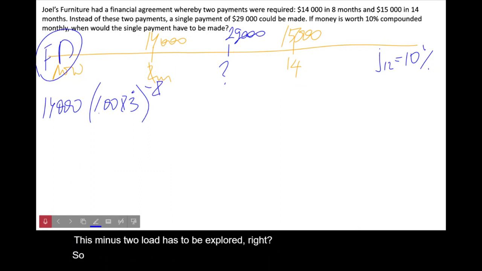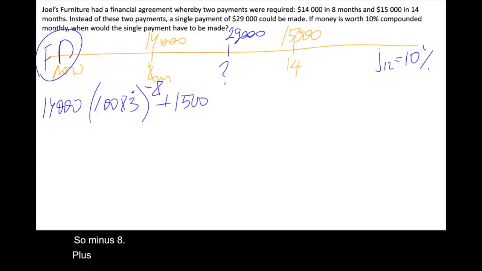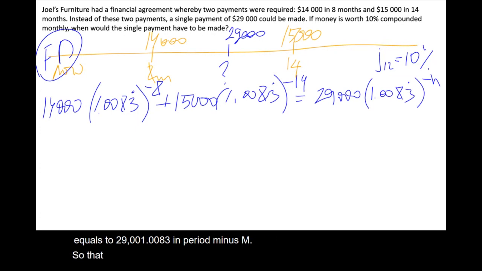So minus 8 plus 15,000, 1.0083 in period minus 14 equals 29,000, 1.0083 in period minus n. So that is our equation.